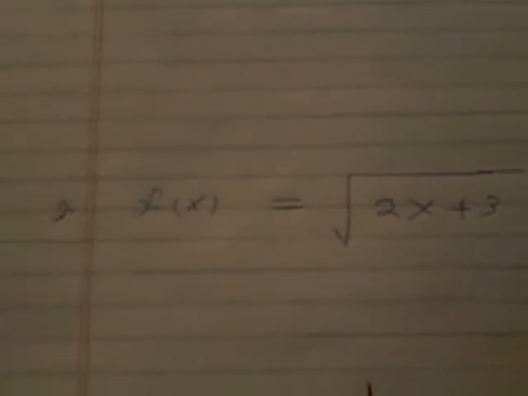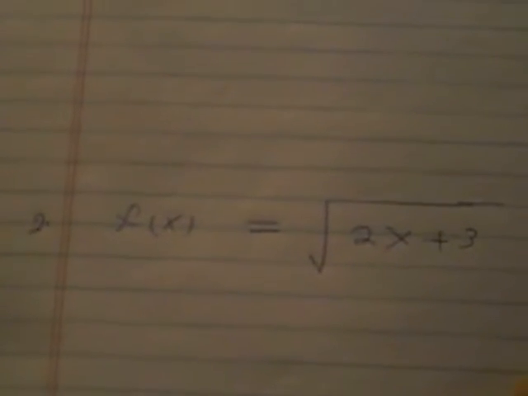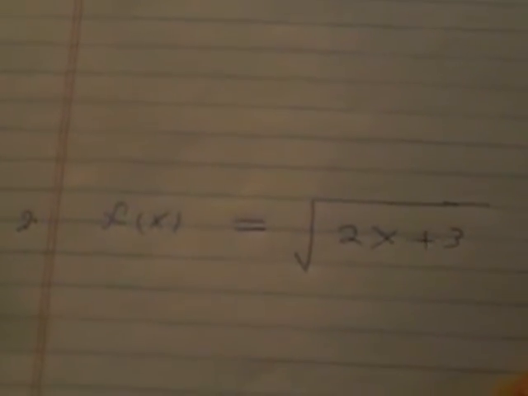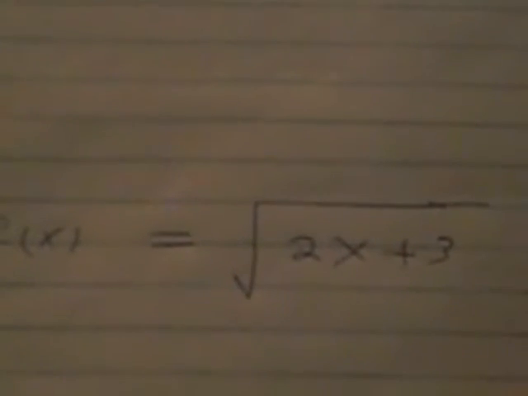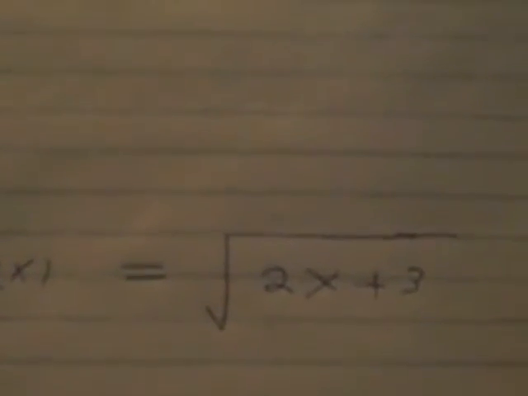To find the domain for this problem, you need to make sure that the radicand is always greater or equal to 0. It cannot be a negative number. This is why you have to set the radicand, which is 2x plus 3, greater than or equal to 0, and then you solve the inequality.